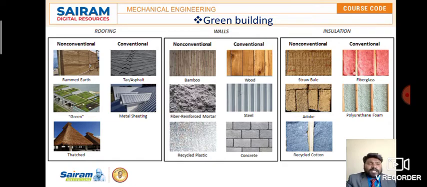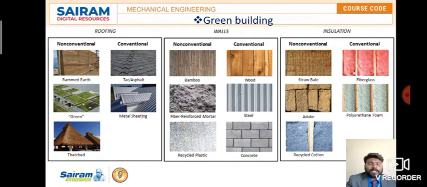What are the things that we can do, and how can we contribute? Suppose we are constructing a building or house. What can we do from our side? For example, I am going to explain the conventional things and the other things we can follow for the green building process. First is the roofing.